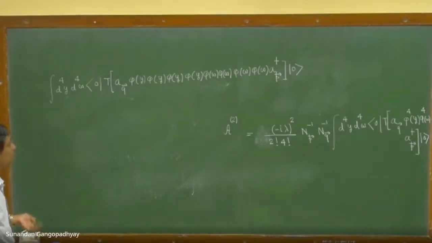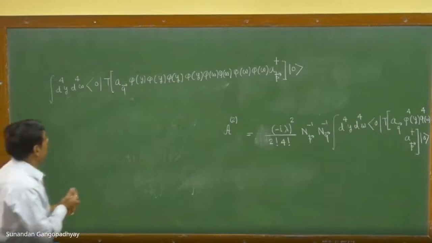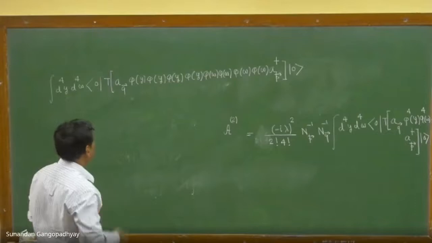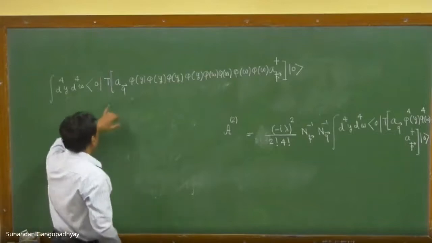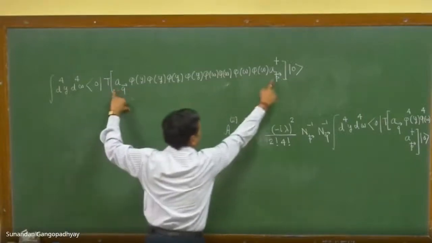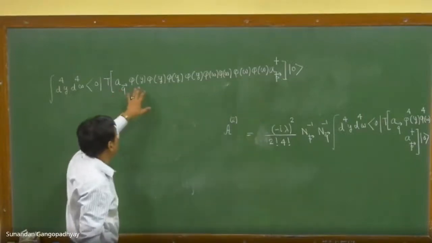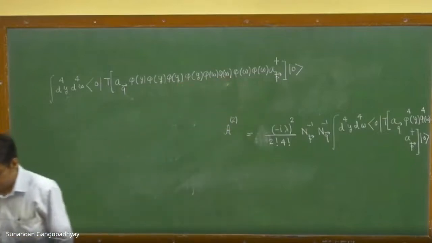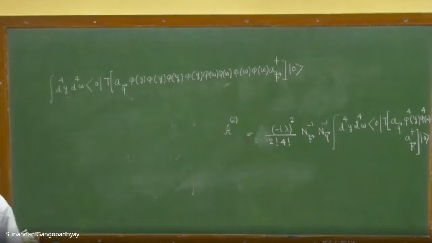So you have to be careful there. And the other kind of term that can arise is the following. You contract AQ with phi y and A dagger P with phi w and contract the remaining phi's among themselves. This is the other contraction that you can carry out.